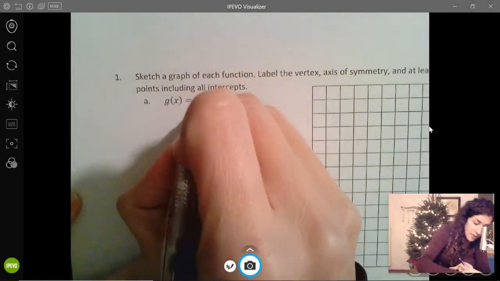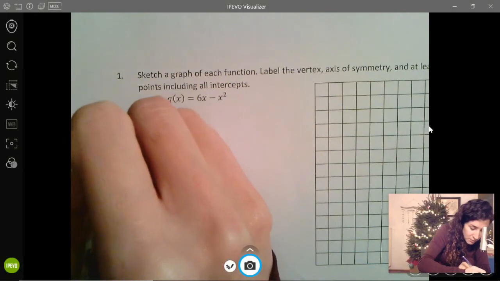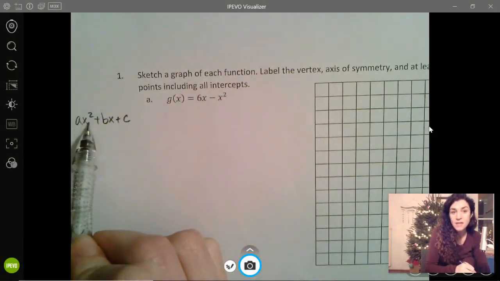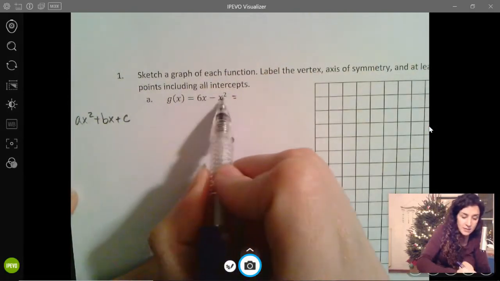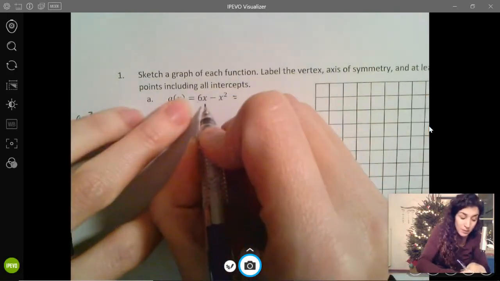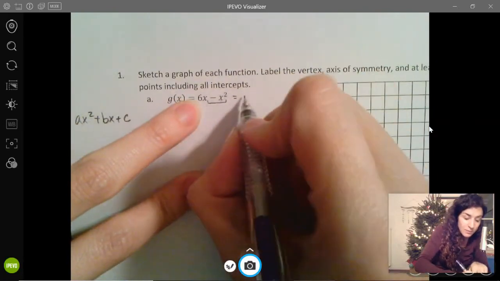But remember that our formula relies on this idea of ax squared plus bx plus c. Your a has to be the number that's in front of x squared. So sometimes what I like to do is reorganize things if x squared isn't first, to move it around so x squared is first. Remember, that negative value needs to stay with x squared.